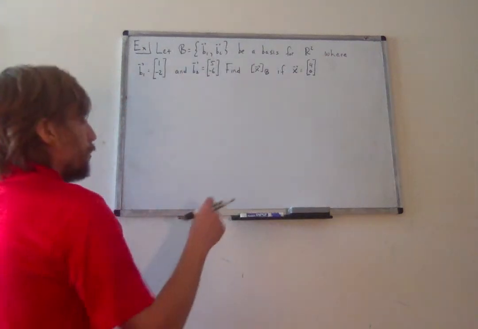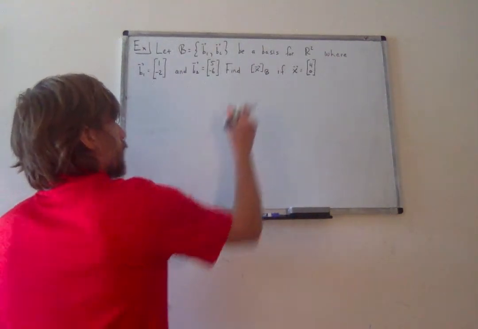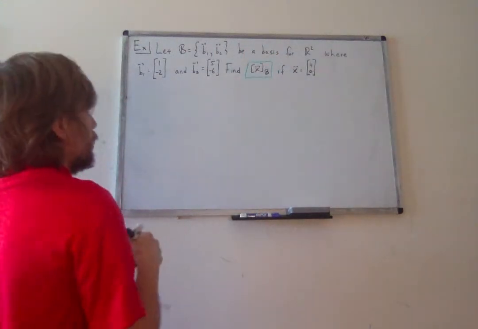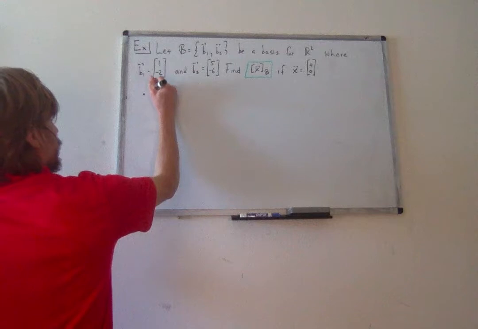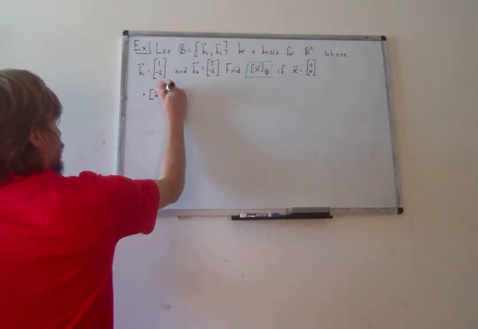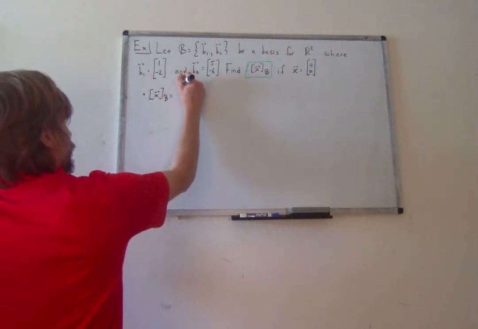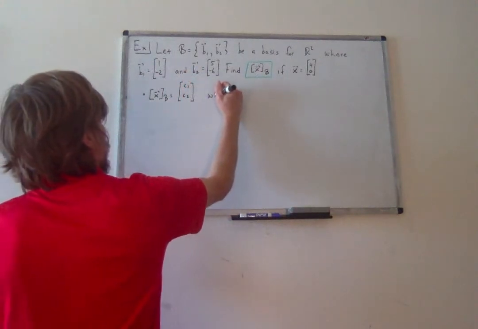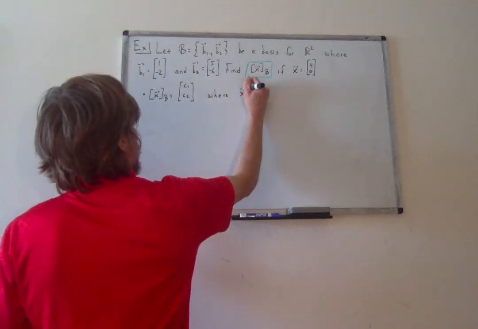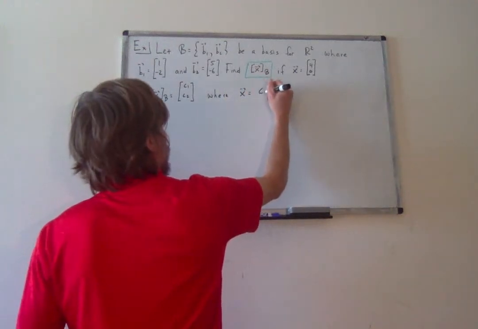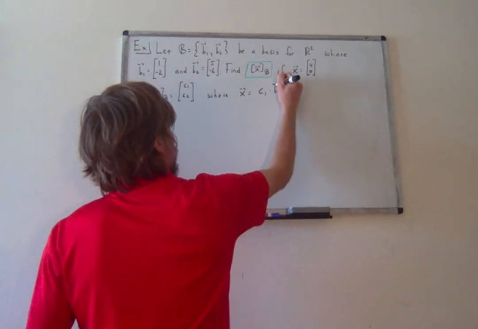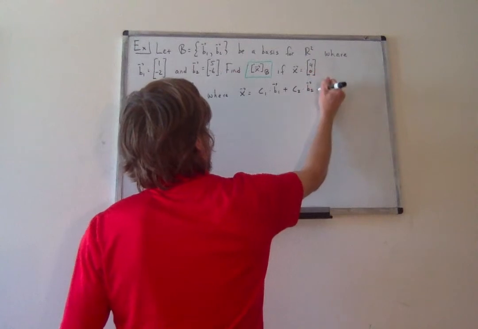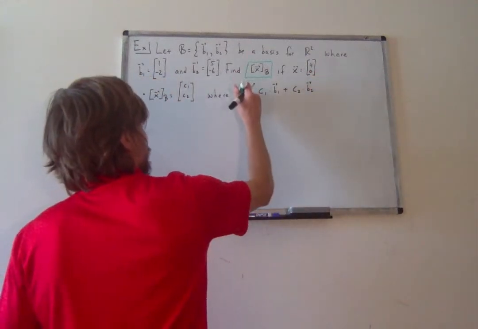So remember, if we're looking for the value of the B coordinate representation of x, this is a vector of length 2 equal to C1, C2, where C1 and C2 are the coefficients needed to satisfy this equation.